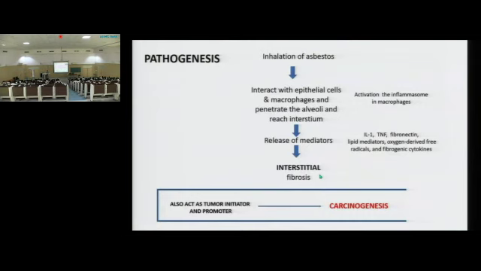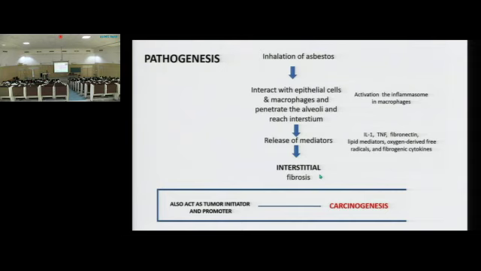So how do they cause disease? By inhalation of the asbestos material. After inhalation, they interact with the epithelial cells and macrophages, penetrate into the alveoli and reach the interstitium. After reaching the interstitium, they release mediators like interleukin 1, tumor necrosis factor, fibronectin, lipid mediators, reactive oxygen species, and fibrogenic cytokines.